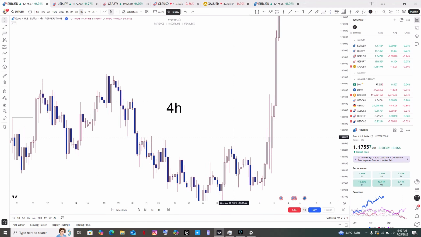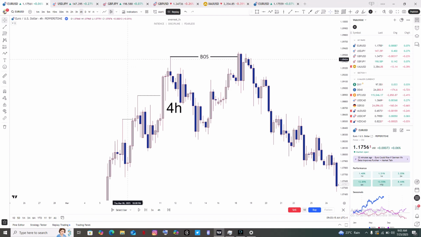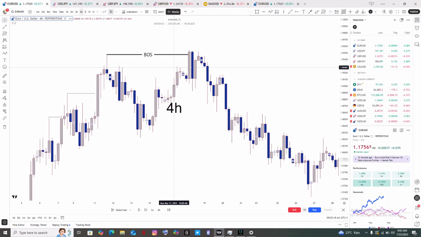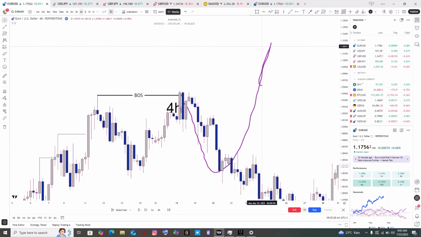So here now we have a break of structure to the upside. First, this was a break, BOS, break of structure. Now, this market was supposed to come down like this and continue going up like this, right?